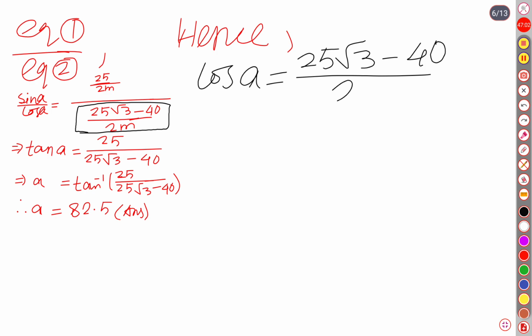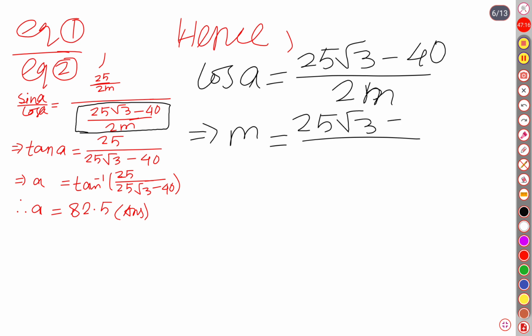Then if we isolate, m is going to be 25 square root over 3 minus 40, over 2 cos alpha, and alpha is 82.5. Already we have obtained that.